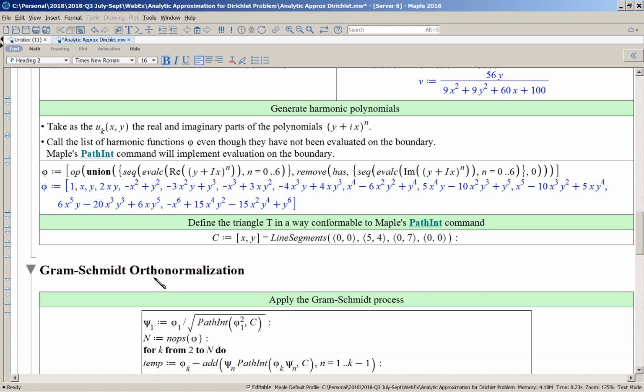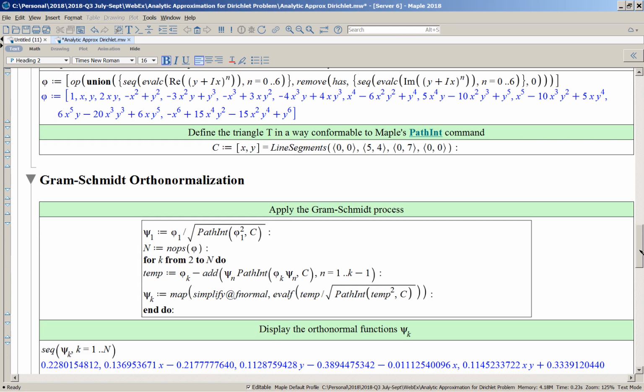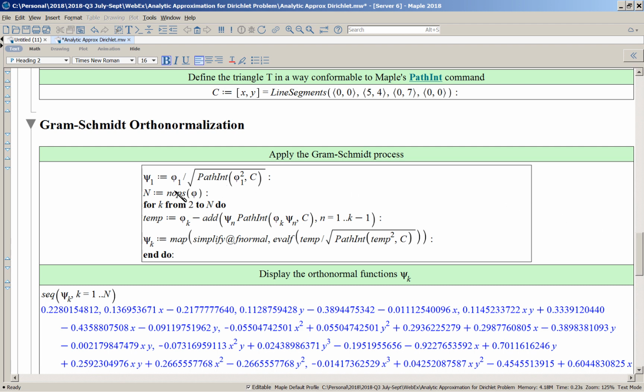Next is the Gram-Schmidt orthonormalization of the psi functions. Same structure. Define a first psi. This is just simply counting up the number of functions. This is the Gram-Schmidt step, where you subtract off the pieces you don't want, the components along previous vectors.